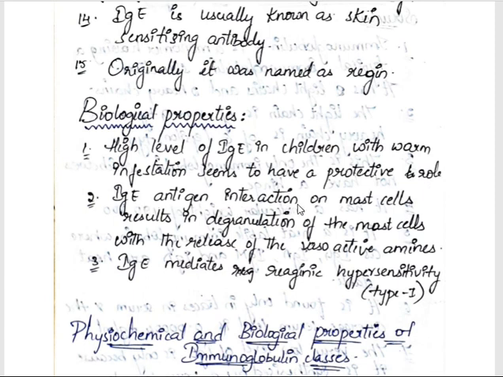Then IgE-antigen interaction on mast cells results in degranulation of the mast cells with the release of chemical substances like vasoactive amines or histamines, which cause the allergic reactions. IgE mediates reaginic hypersensitivity, that is type 1, which is also called anaphylaxis. The types of hypersensitivity will also be discussed in another part that you can go through.